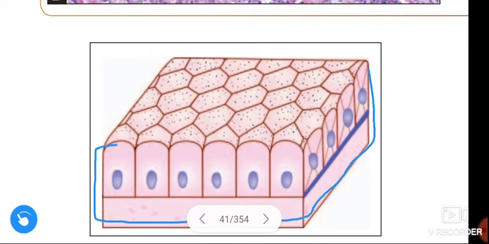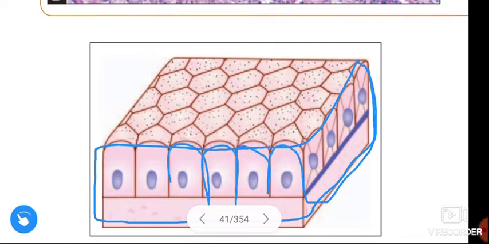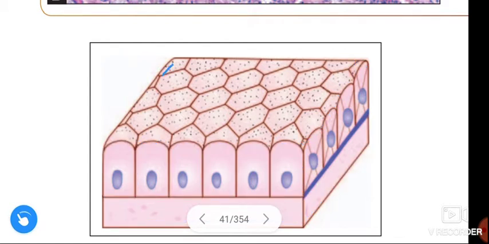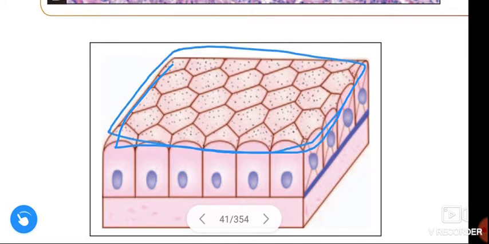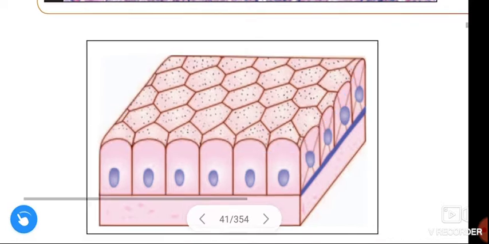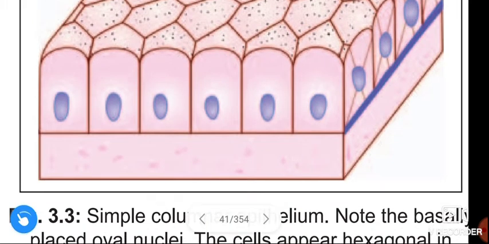This represents the sectional view. The cells you are seeing here represent the sectional view, and this is the surface view or transverse section. First, see the sectional view.